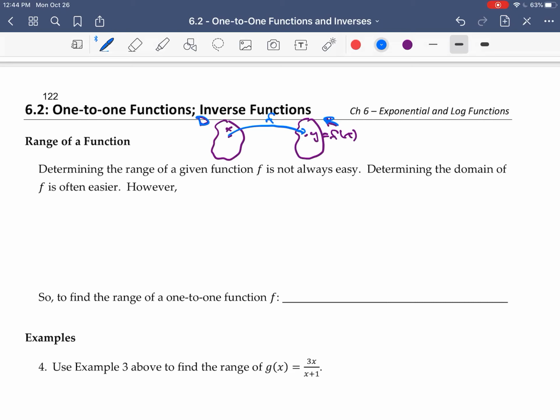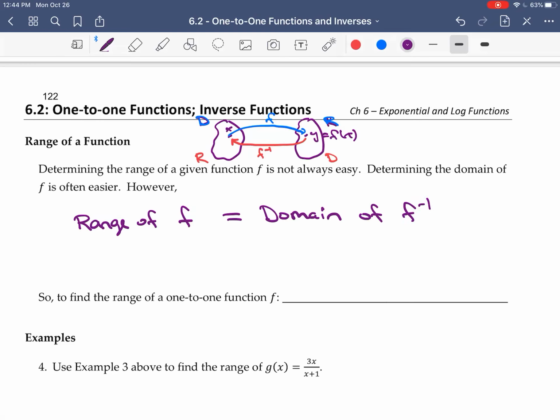The f function takes x to y, but the f inverse takes it the other way. So this is the domain of f inverse and this is the range of f inverse. They actually switch. What we're going to take advantage of is that the range of f is actually equal to the domain of f inverse.